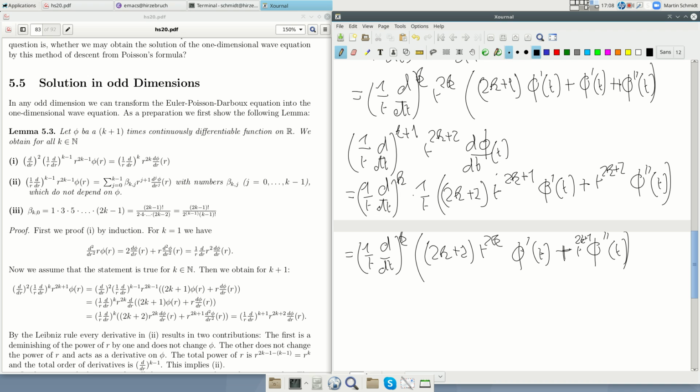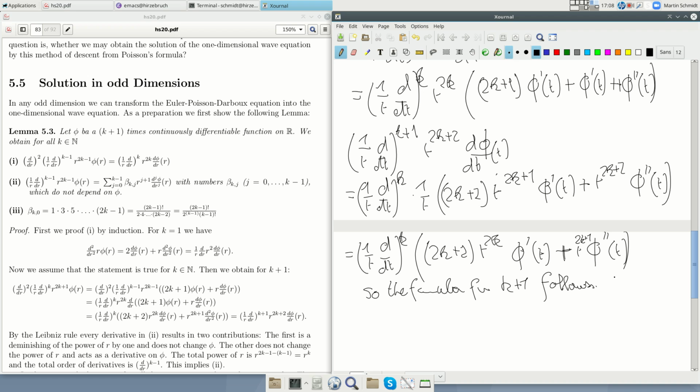And this is indeed the same as this. Since we have this 2, this adds up exactly to this term, and r times this adds up to this thing. So the formula for k plus 1 follows.